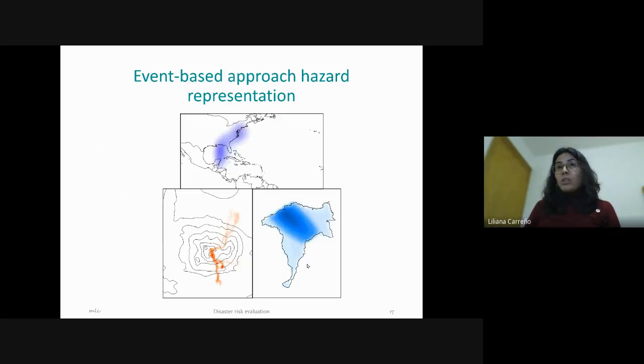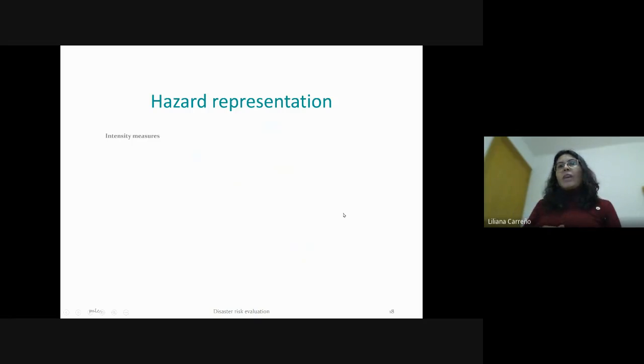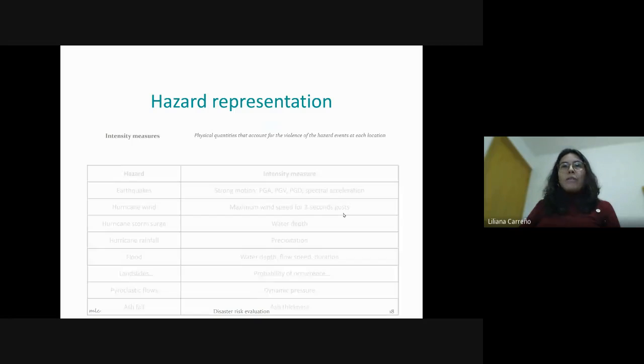A similar representation we may have for different natural hazards. Here you have three examples for tropical cyclones at the top, and also you have volcanic ashes and rainfall here. Obviously, we have to use different intensity measures according to the hazard that we are talking about.